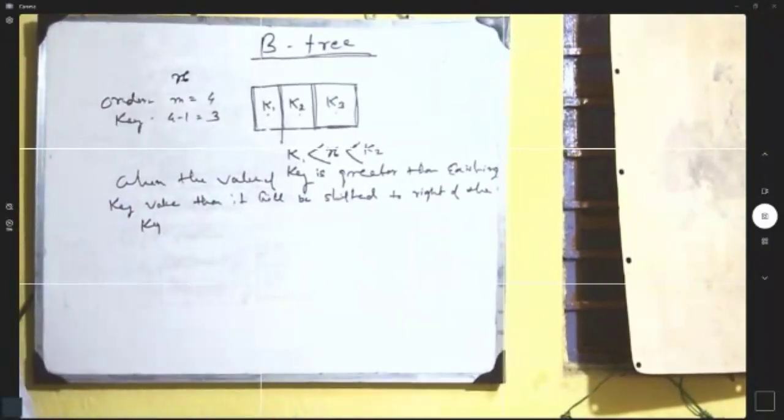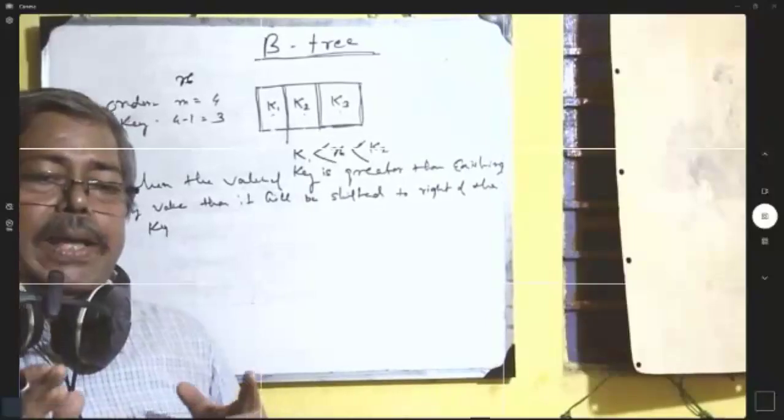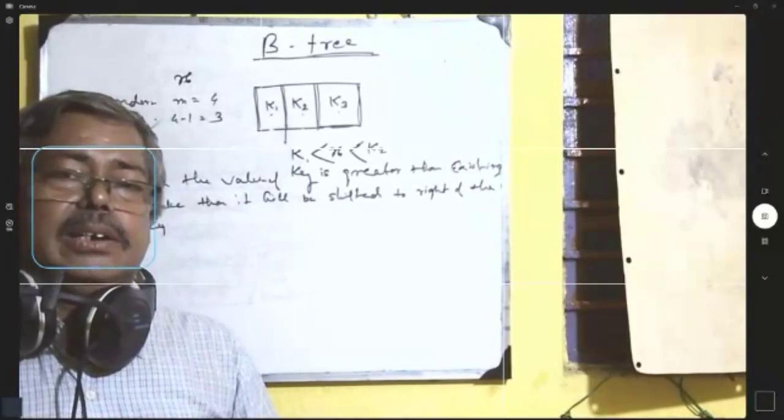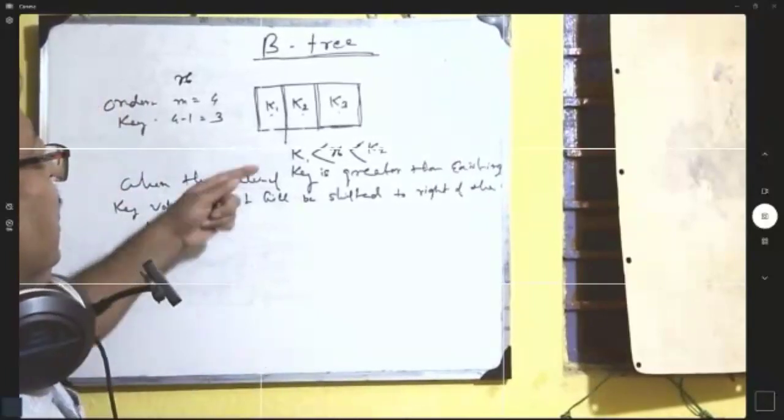So if the value of X is greater than K, then this will be shifted to the right of the K. Opposite way, if the value is less than K, it will be shifted to the left position of the K.